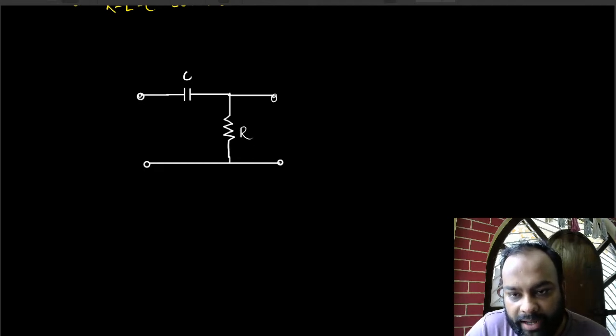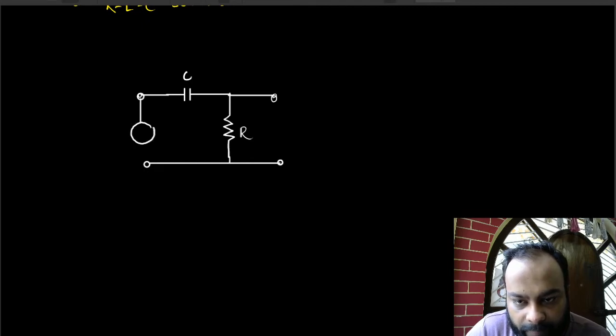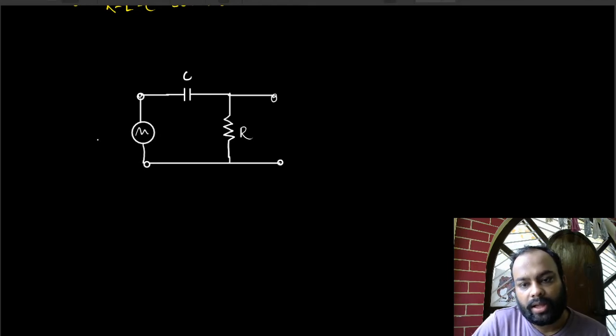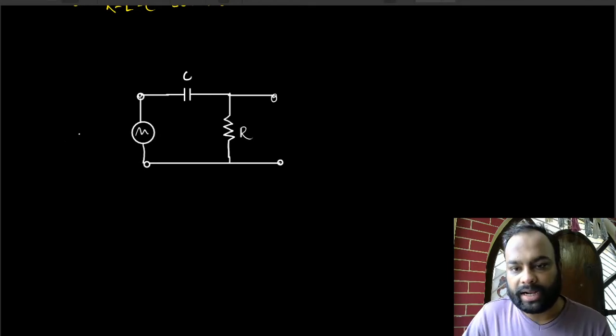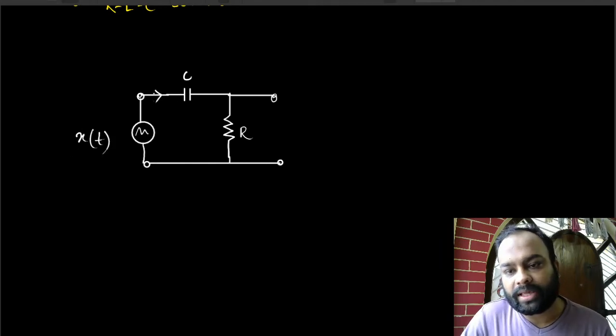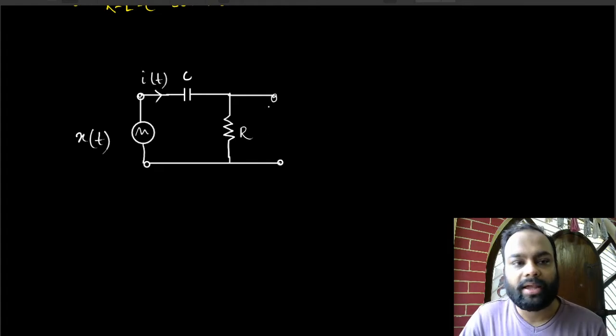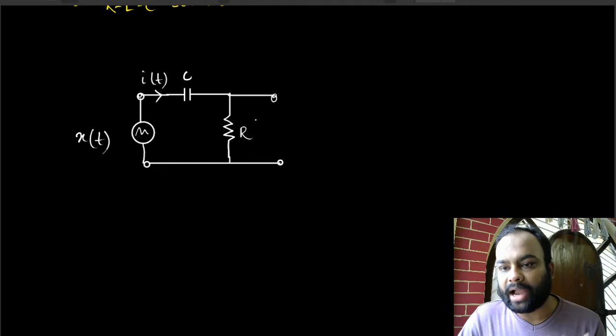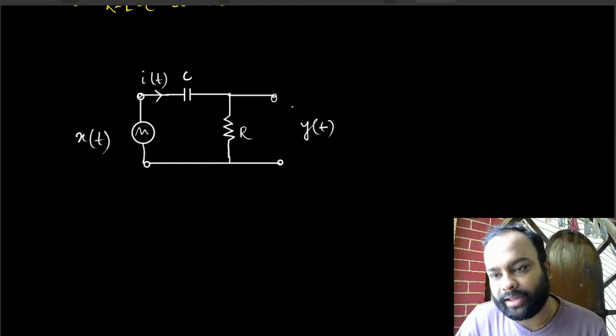Here I am applying my signal source, so it could be any signal. That's going to be my x(t). Of course, I consider inputs to be x, so that's x(t). This current eventually has to be written as i(t). There is nothing I can do about that. And the voltage that I'm measuring across the resistor is now being considered to be y(t). So y(t) is the voltage that is being measured across the resistor.